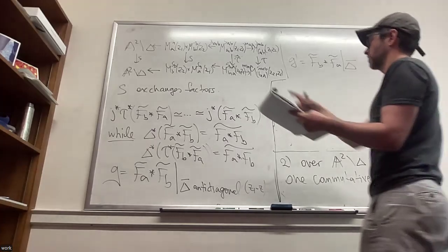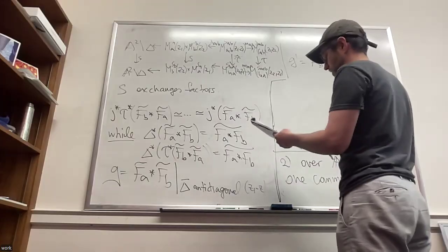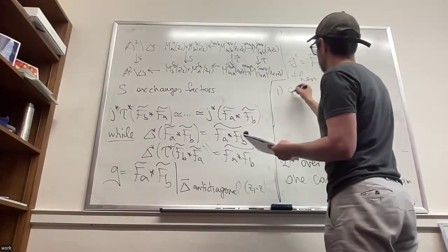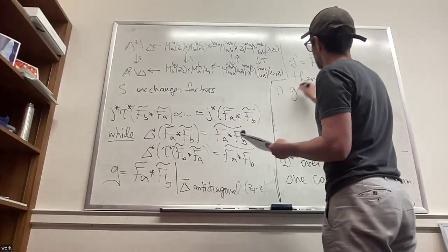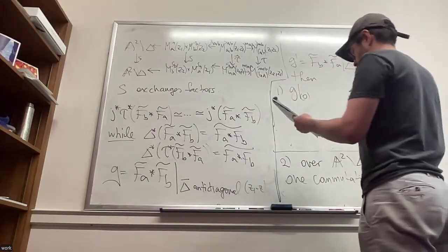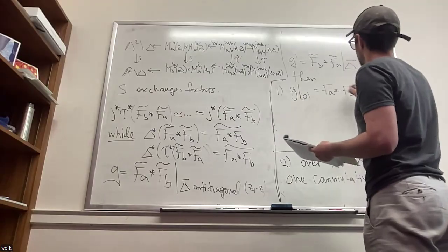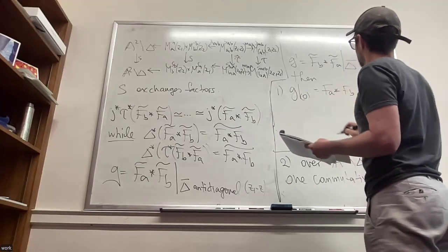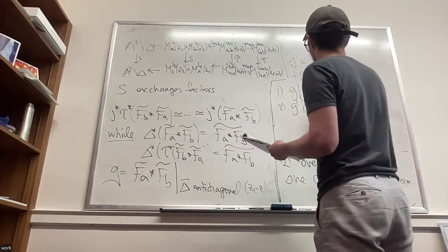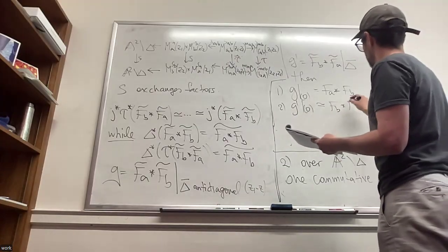Then the claim is that if you follow what I wrote and follow through, you get the following three facts. One is that if you restrict G to 0, so this is over A1 now, you get FA cross composed with FB. Likewise, if you restrict G prime to 0, you get FB composed with FA.